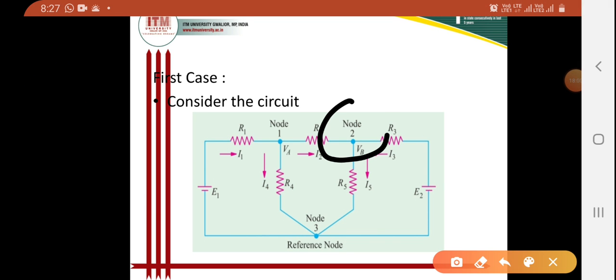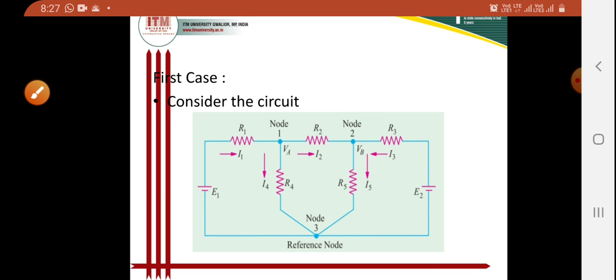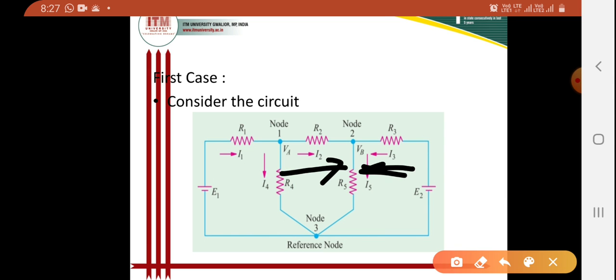So when I write the current equation for node 2, I can write that I5 is equal to I2 plus I3.